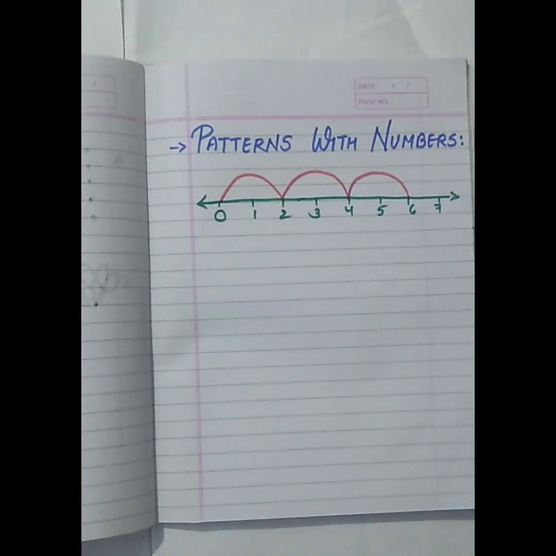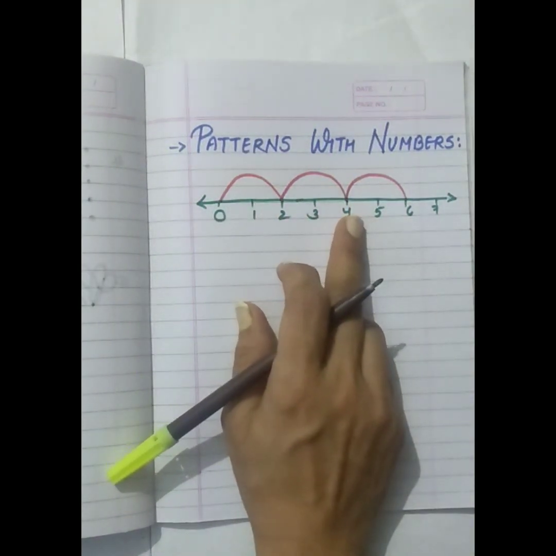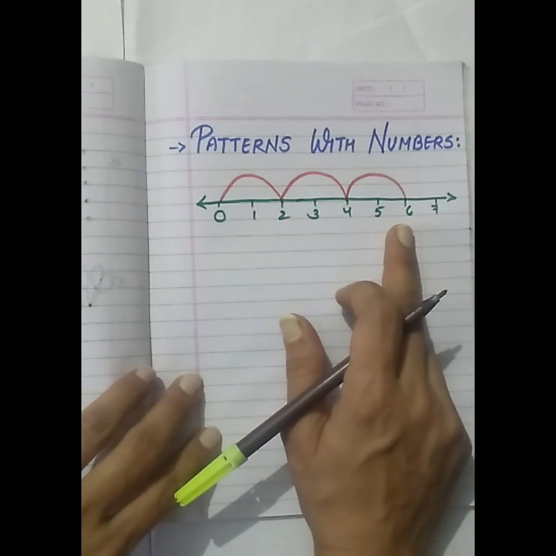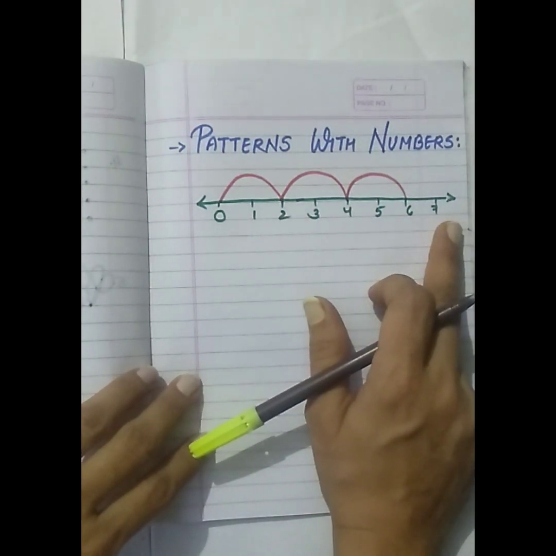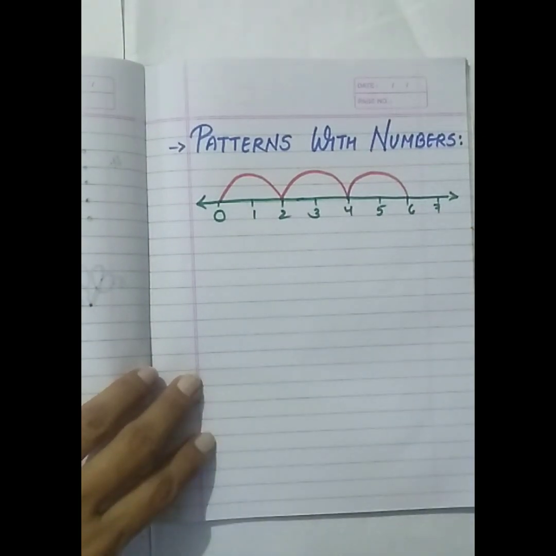If we see the skip counting, 0, then plus 2, it becomes 2, then plus 2 it becomes 4, then plus 2 it becomes 6. So what will be the next number after this? After 6, the next number will be 8. Then after 8 it will be 10. After 10 it will be 12.